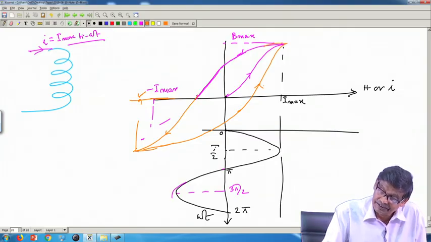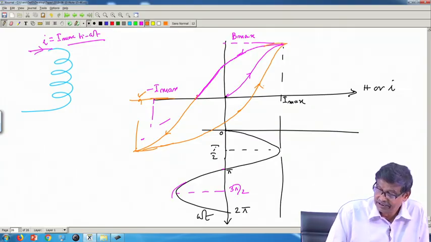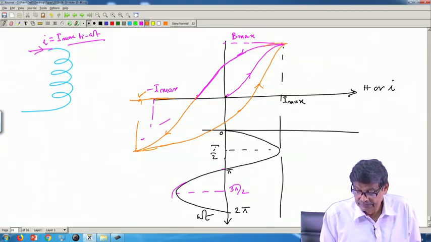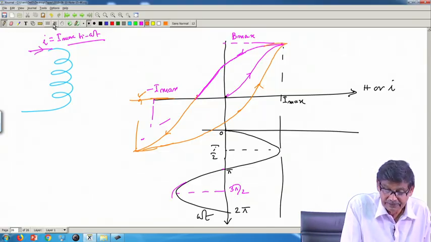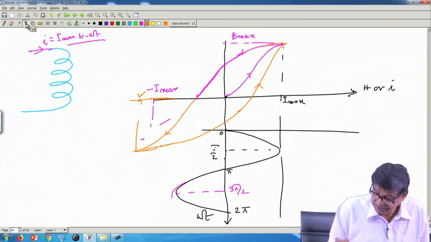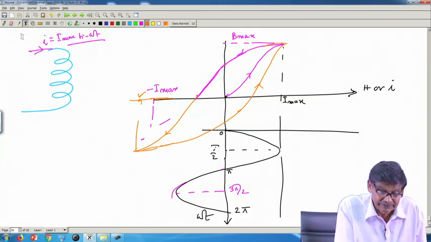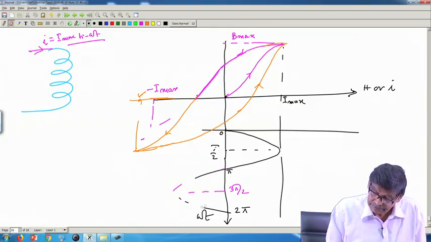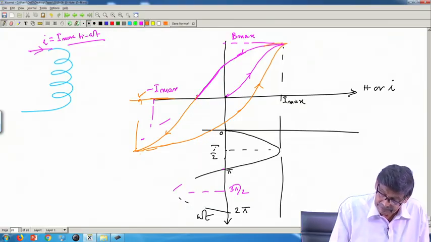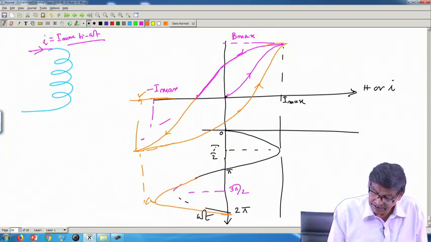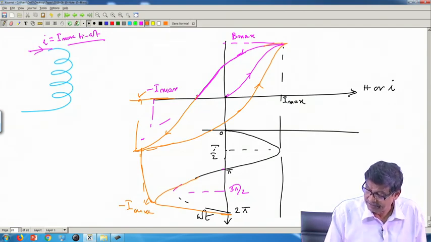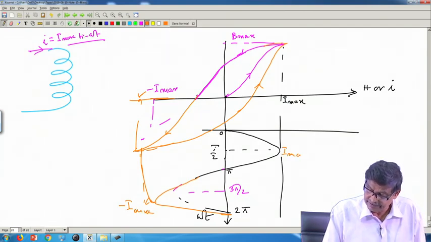See, after it is tracing the following the currents, I think this is I max. So, slight this way I should correct. This is suppose I max. This is the negative current I max. Are you getting? Not a very good diagram, but it tells you the picture. This is I max, this is minus I max.